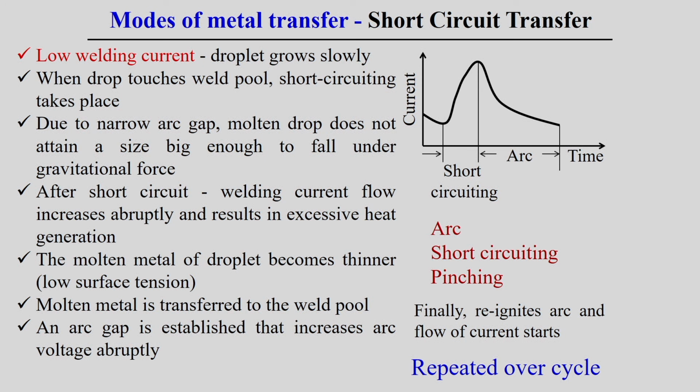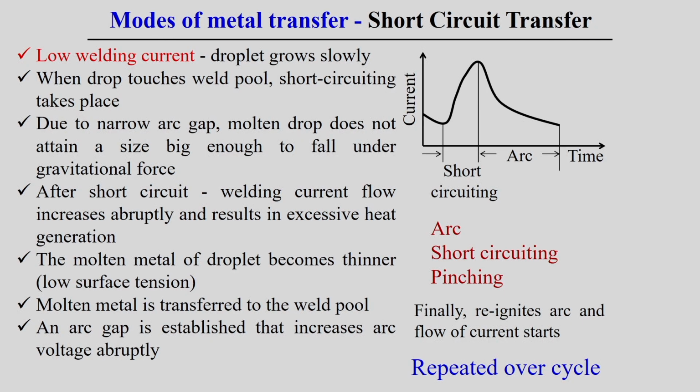So, when the gap is very narrow, the molten droplet touches the workpiece material, the short circuit is created, and the molten droplet does not attain a very big size to fall under gravitational force. Definitely it is not following the mode of metal transfer we observe in the globular kind. So, gravitational force may be less in these cases because the droplet size may not be very big.